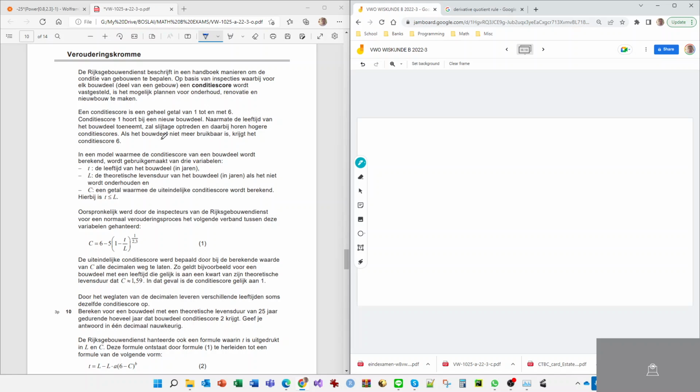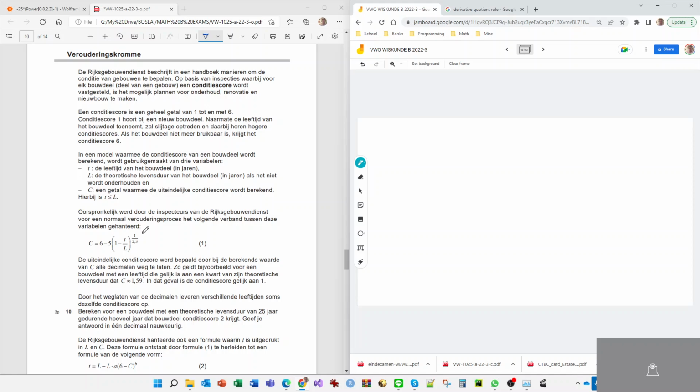Then they have a certain model. T is the age of the building in years, and L is the theoretical lifetime of the building or the building part in years if you don't maintain it. And C is a number which is used to calculate the condition score, say the 1 to 6 here.